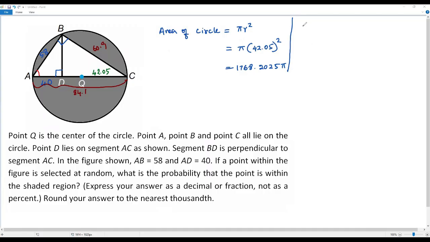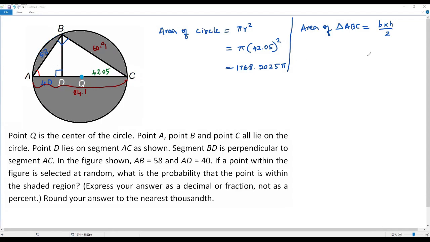Now let me get the area of the bigger right triangle, that is the area of triangle ABC equals the formula, base times height divided by 2. Already we know that this AC is the hypotenuse of this bigger right triangle because it is opposite to the right angle. When I consider the remaining two legs AB and BC, we have to consider one of the legs as the base and the other leg as the height. When I consider this leg AB as the base, we have the length 58 for the base.